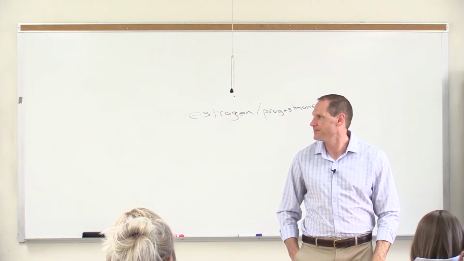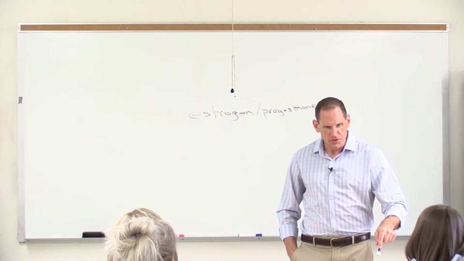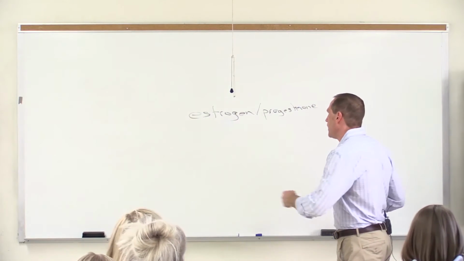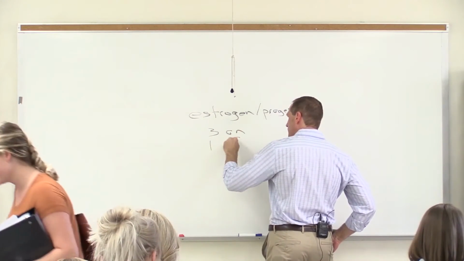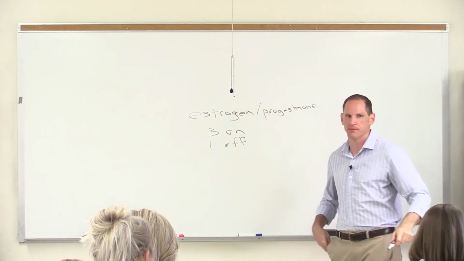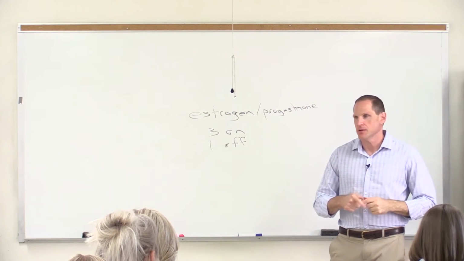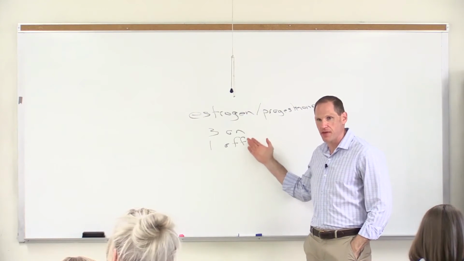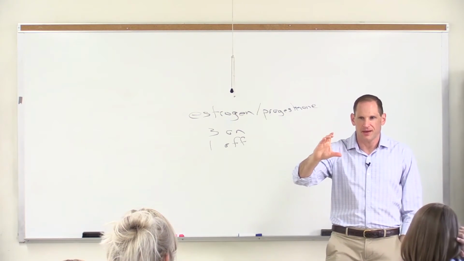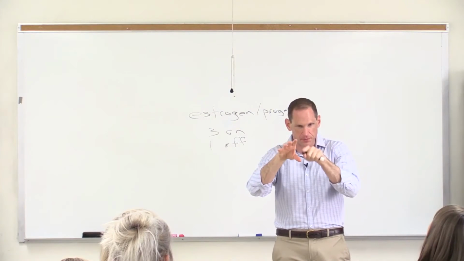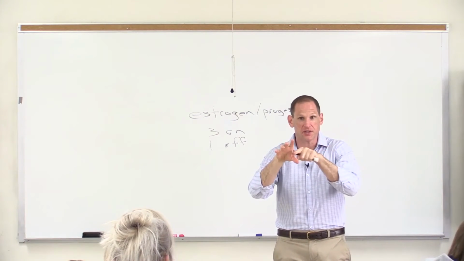Not today. All right. So most of the pills are given on a 3-on, 1-off schedule. What does that mean? So 3 weeks on the pill and then 1 week off. A lot of times the pills will come in like 4 little rows of pills, and then the 4th row is a different color.